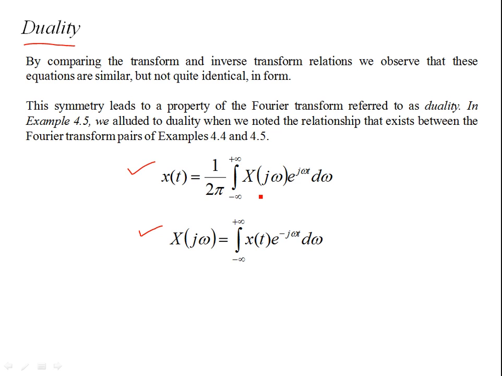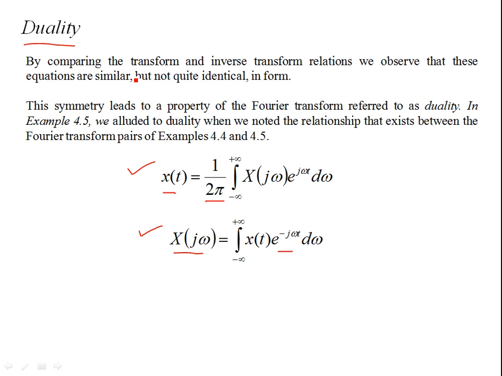Both have integrations and both involve exponentials, but there's a change in sign over here and a multiplication by a 1 over 2 pi factor. There always exists a duality. That is, if x of t takes the form capital X of omega, then the inverse Fourier transform will be small x of j omega.